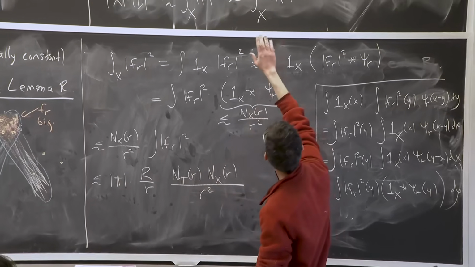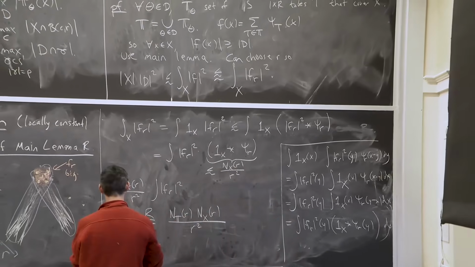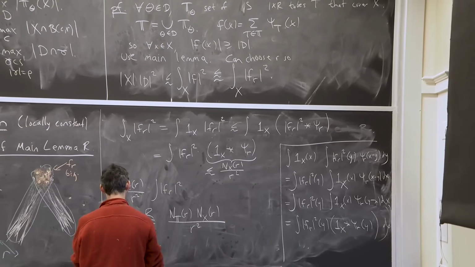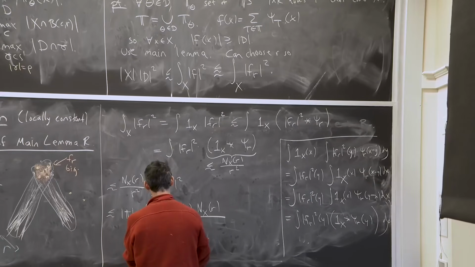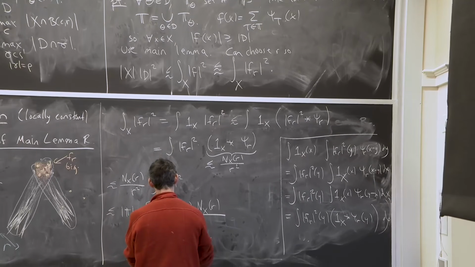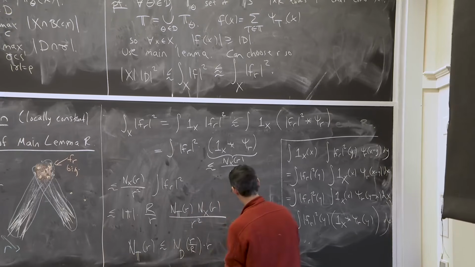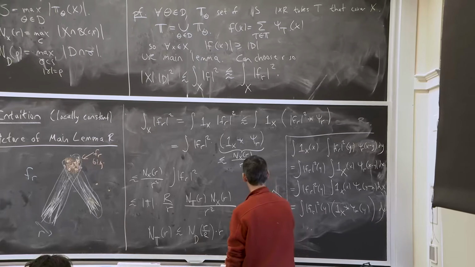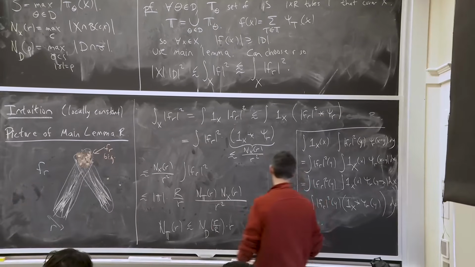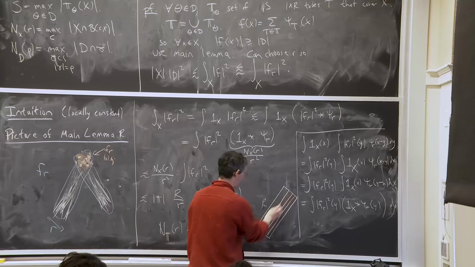And the information we want to be using is the number of directions. So the last step is that the number of tubes in a little r by big R tube is bounded by the number of directions in a little r over big R angle times little r. So here's a picture. Here's our little r by big R tube. Inside of it, I can fit in some tubes in different directions.